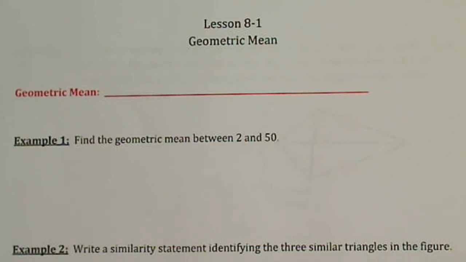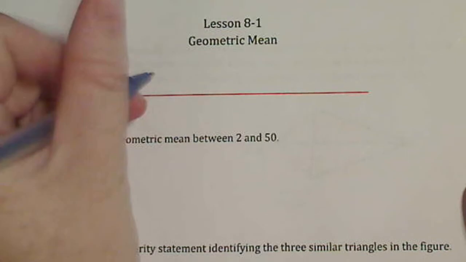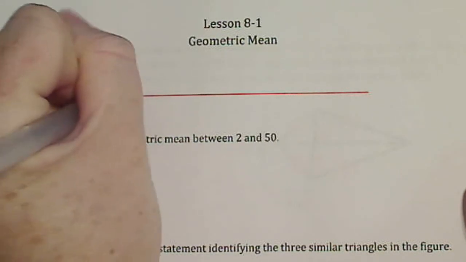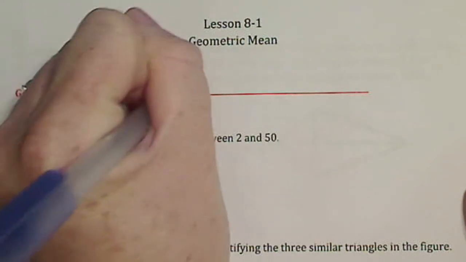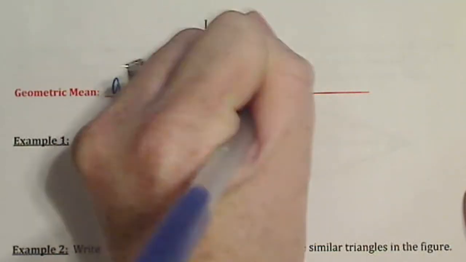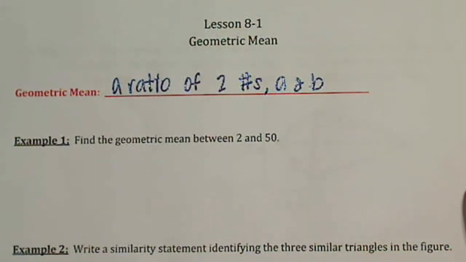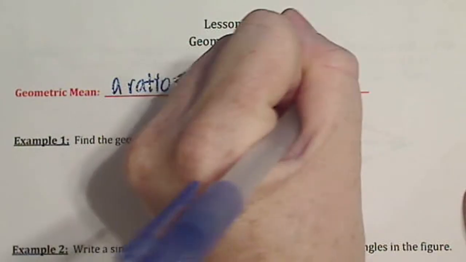Well, what does the geometric mean mean? We're going to write it like this. It is a ratio of two numbers, A and B. What's special about these two numbers is that when you set up their proportion, it comes out like this.